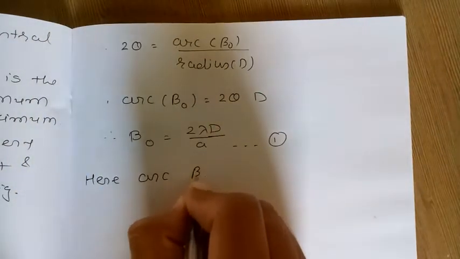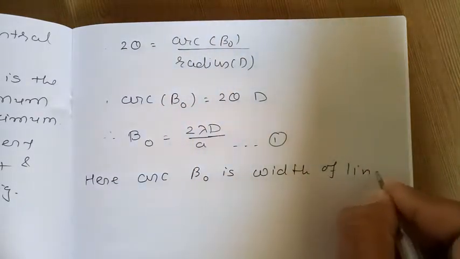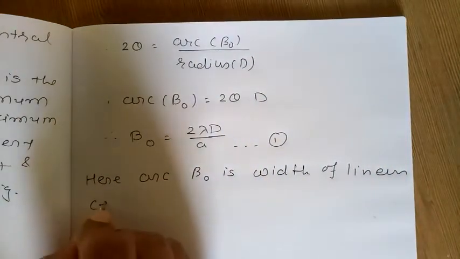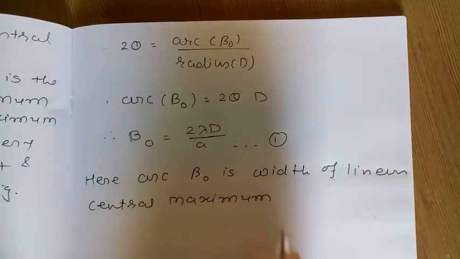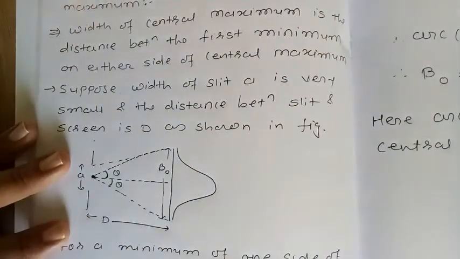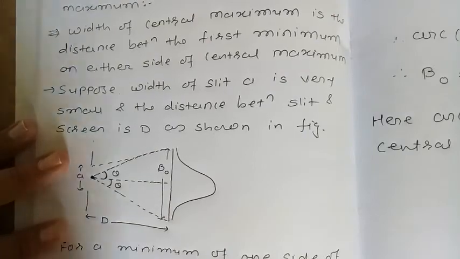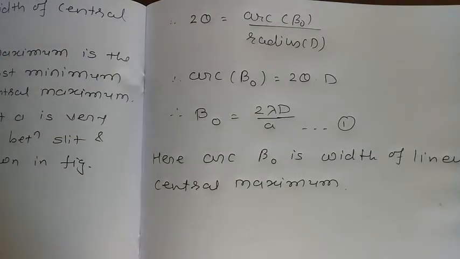You can see in this figure, this is the arc b0, which is known as the linear width. So the arc b0 is equal to 2 theta into D, but we know that 2 theta is equal to 2 lambda by a, so b0 is 2 lambda by a into capital D.